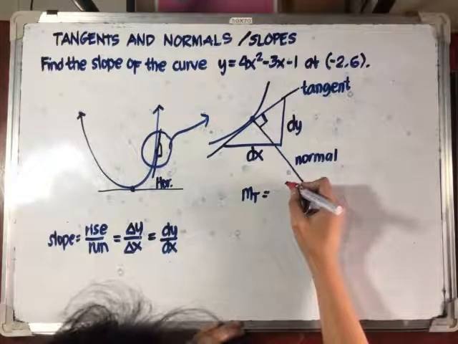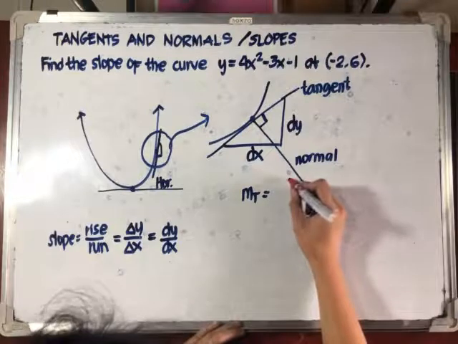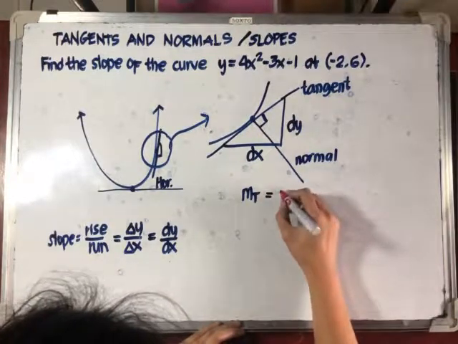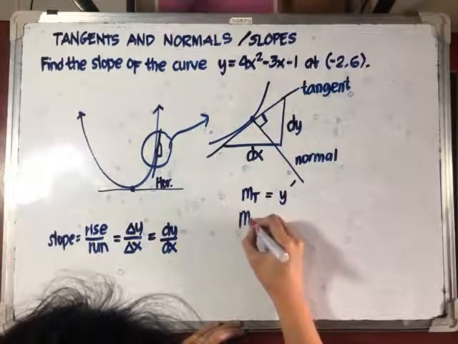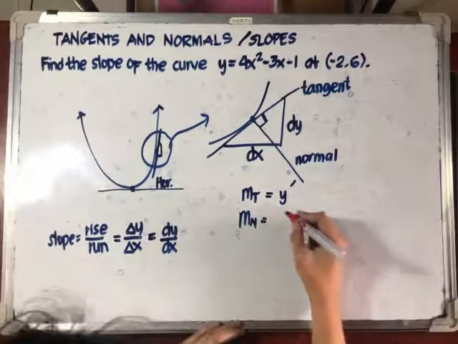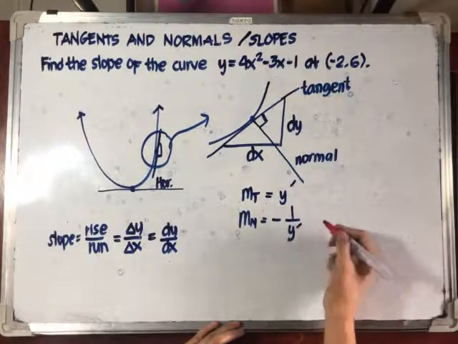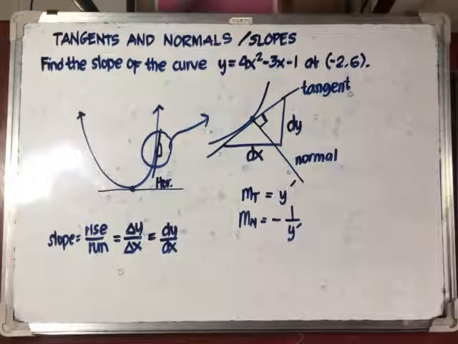If this is y prime, the slope of your normal line would be the negative reciprocal of the slope of the tangent line. So that is the negative reciprocal of your y prime. These are the principles we need to remember for the computation of problems about tangents and normals.